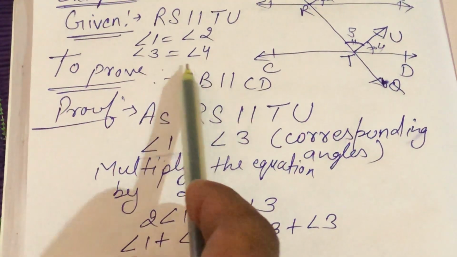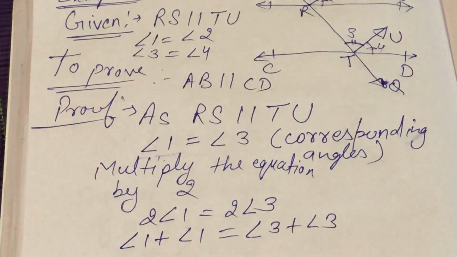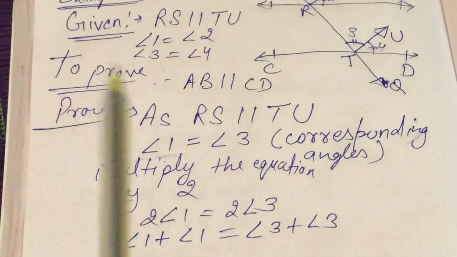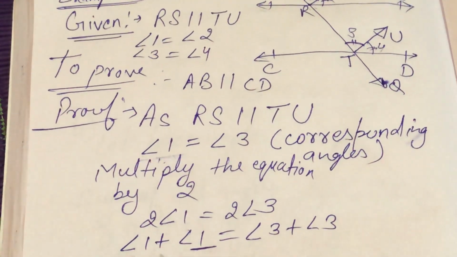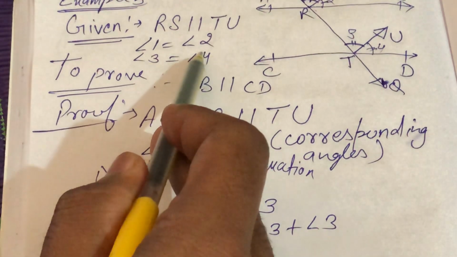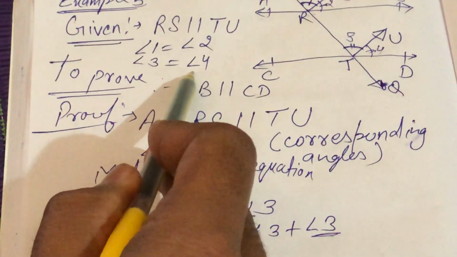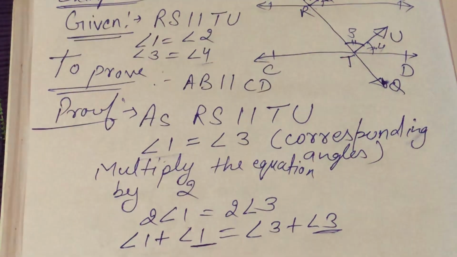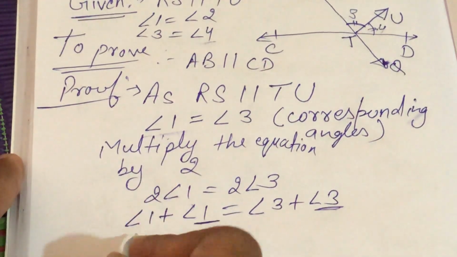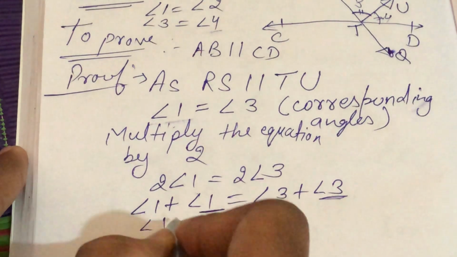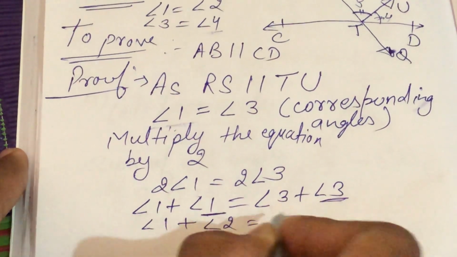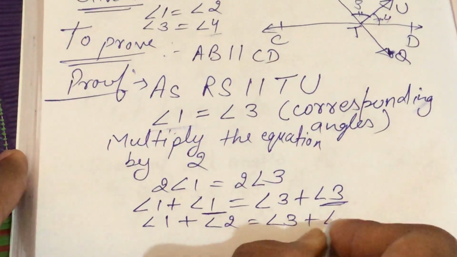So now what we are getting: angle 1 plus angle 2 equals angle 3 plus angle 4.